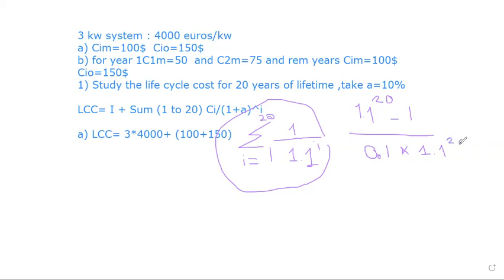In this way we can calculate the value of the life cycle cost for part A. If we perform the calculation, we get for part A a value of $14,128.4.